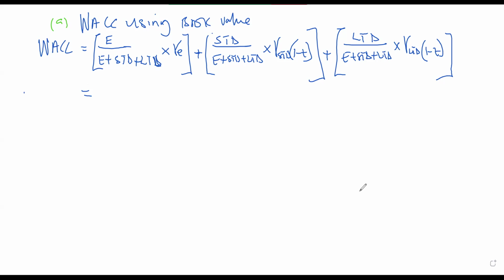So the value of equity we said is 6 million over what is the total capital? 17 million. 17 million times cost of equity.